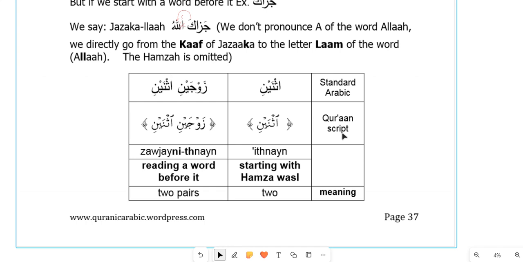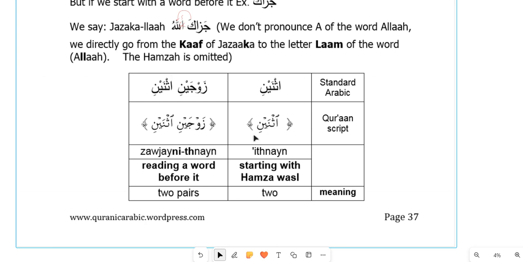Now here in this table, you see there is a Quranic script. In one case, the hamzatul wasl is starting. There is no other word before this noun ithnain, so I'm going to read this hamzatul wasl as ithnain. You can hear the sound of a in the beginning. Ithnain. This is the light letter tha.